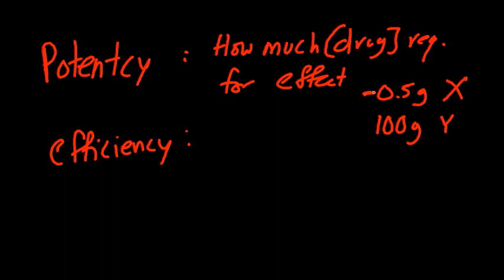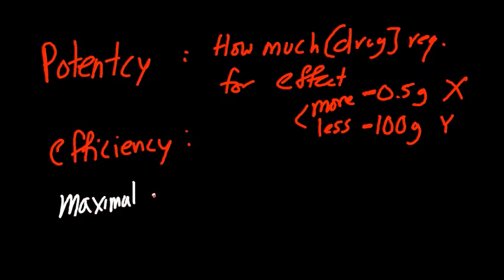Well, it takes less drug X to relieve your pain, which means this drug is going to be more potent. However, if it takes a whole bunch of drug to relieve that pain, this is going to be less potent, if they work through the same mechanism, etc. That's just an example. So now let's talk about efficiency. Efficiency is going to be the maximal effect of the drug.